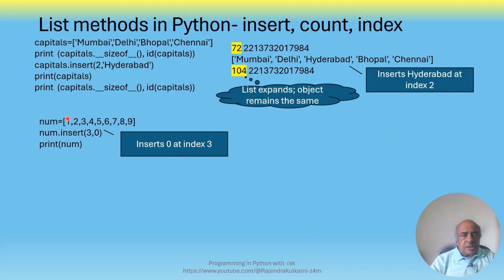Now in this case num, we are using multiple int constants 1, 2, 3, 4 to 9, and then we want to insert 0 at index 3 using dot insert. So we can see 0 has been added in the list.